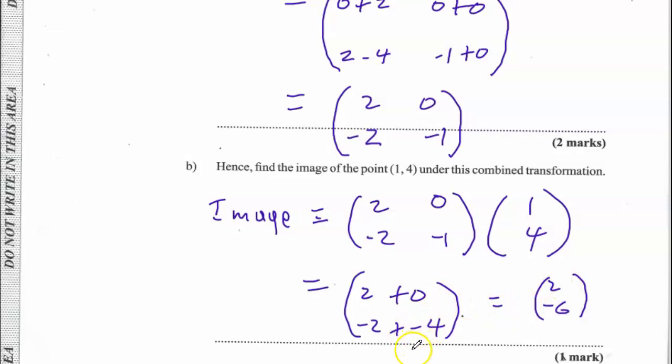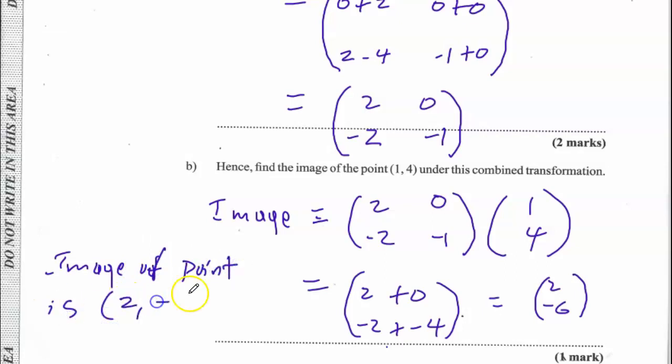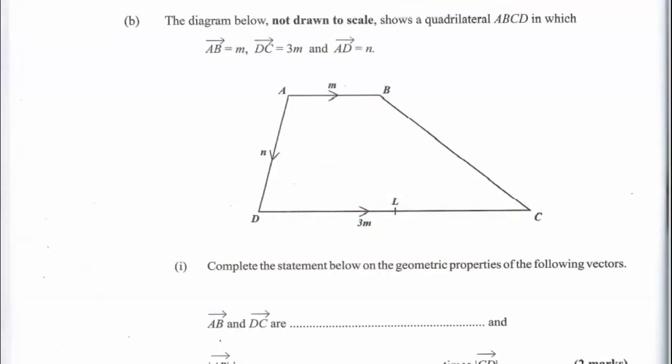So the image point would be equal to (2, -6).